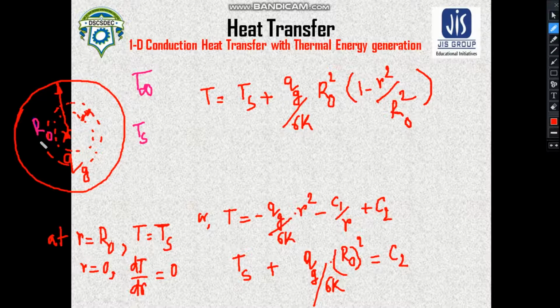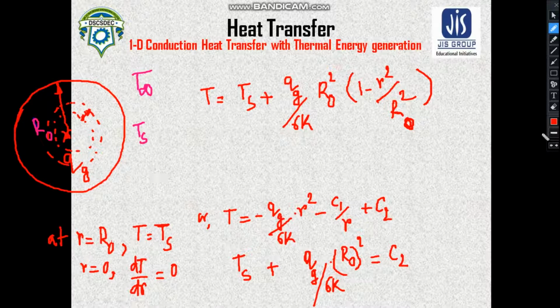The radius of this sphere is r0. If you want to know the temperature at a certain radius r, then you just need to put the value of this r, and if you know the surface temperature, then you can calculate the temperature at any radius. So this is our temperature distribution.